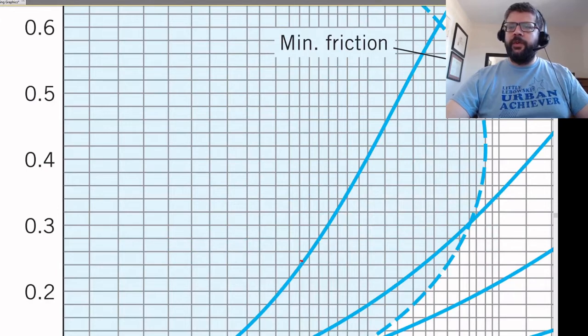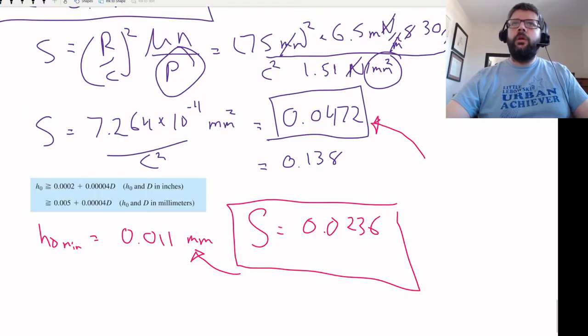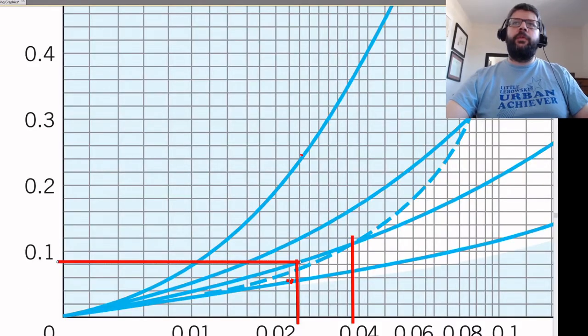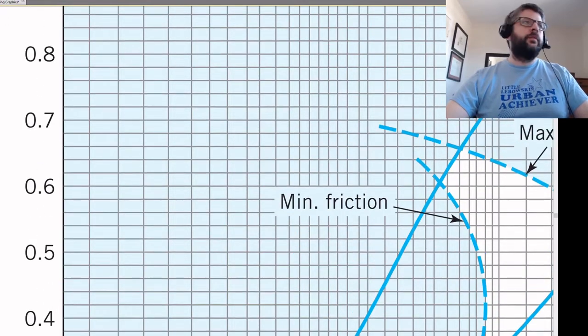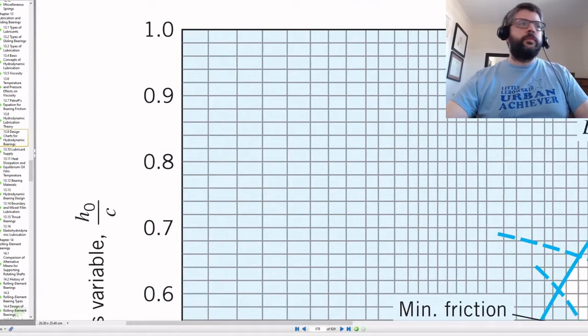So that'll be 0.083, I guess, 0.083. That'll be our minimum film thickness variable. So that minimum film thickness variable is again h naught divided by c. Right there.